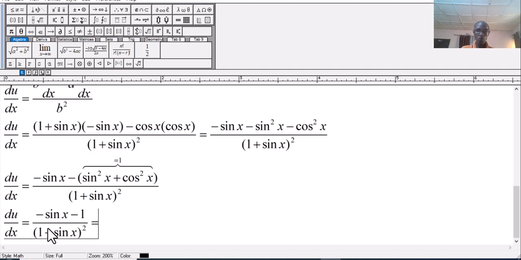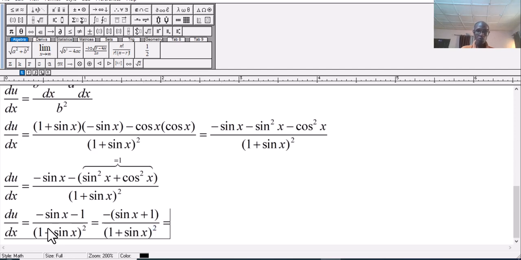So we can work on this the more. We factorize out minus 1, so we have sine x plus 1 all over 1 plus sine x all squared.